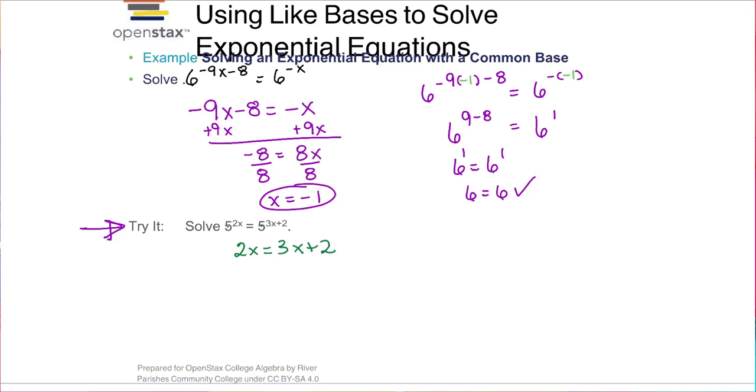So now you're going to solve. I would subtract 3x on both sides to get the x's on the same side, and I get negative x equals 2. That means if I divide both sides by negative 1, I get x equals negative 2. And if you plug that back into the equation, it does work out.